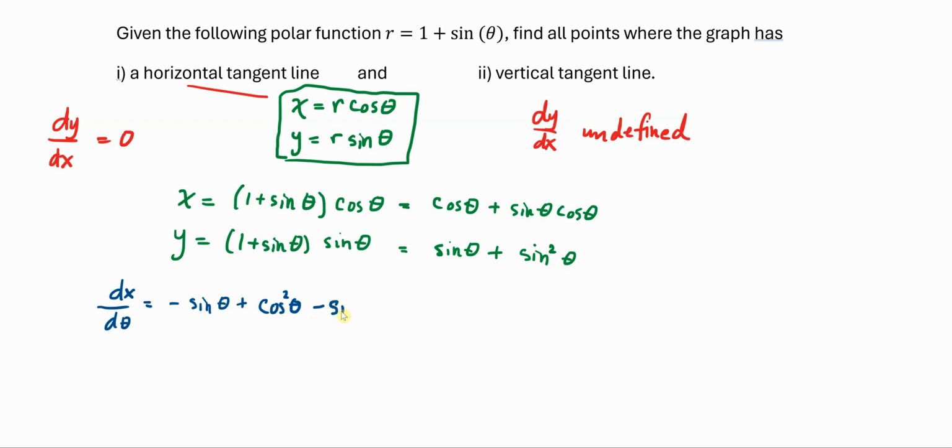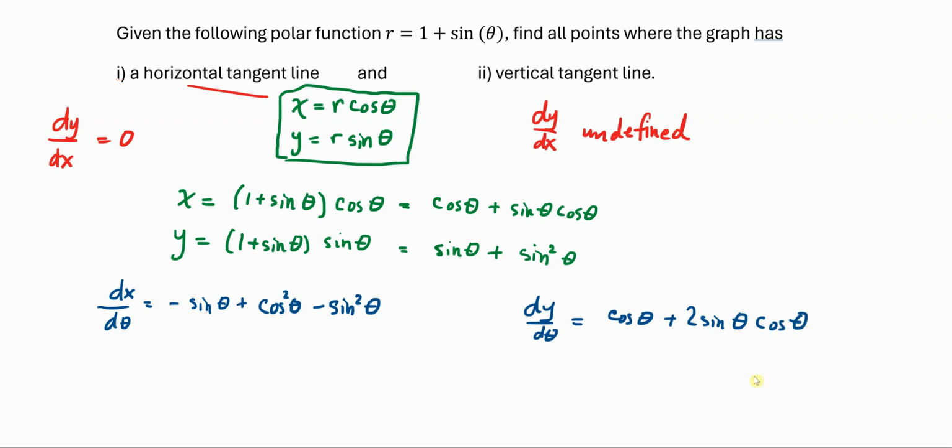You get negative sine squared theta. So that's dx d theta. dy d theta will be equal to cosine theta plus 2 sine theta cosine theta.